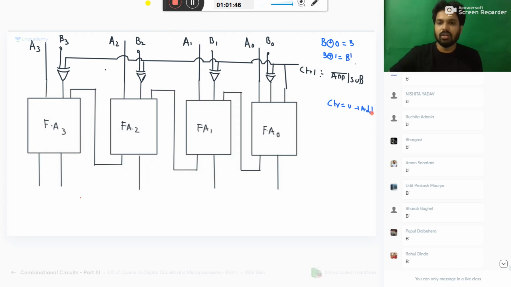When control equals 1, it will perform subtraction. So first I start with control equal to 0. Then what will I get here? 0. And one of the inputs to the XOR gate will be 0. If one of the inputs to the XOR gate is 0, the output is the other input as it is.